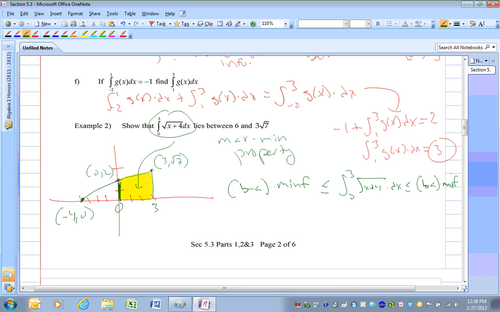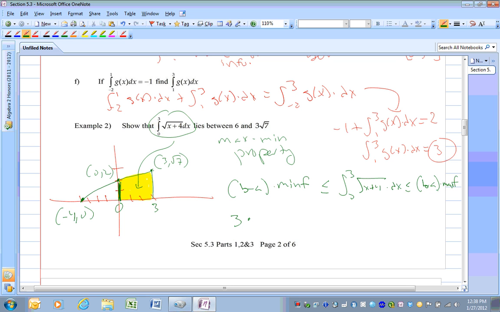Well, what's B minus A? It's 3, right? What's the lowest y value in our shaded region? Nope. Actually, sorry, for the curve, my bad, for the function, from 0 to 3. No, B minus A min F. Oh, you mean the right side?